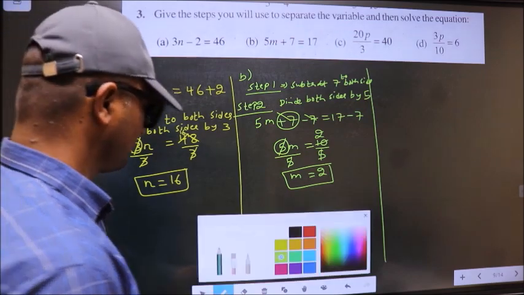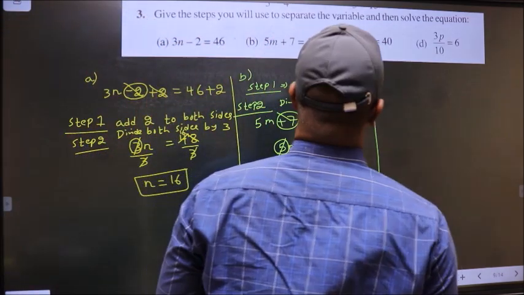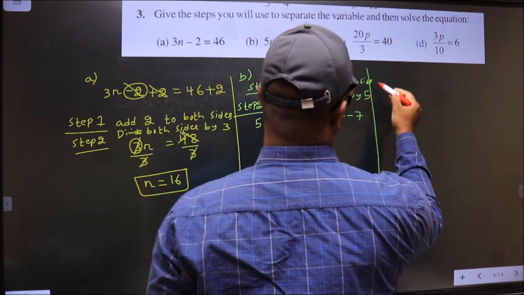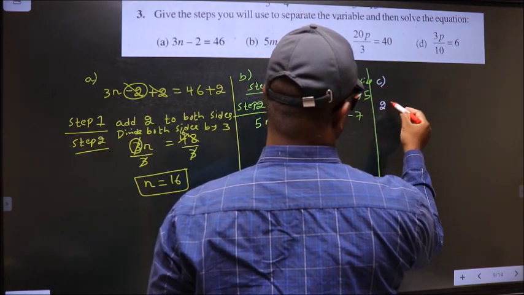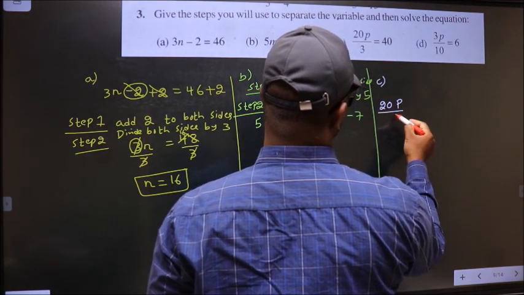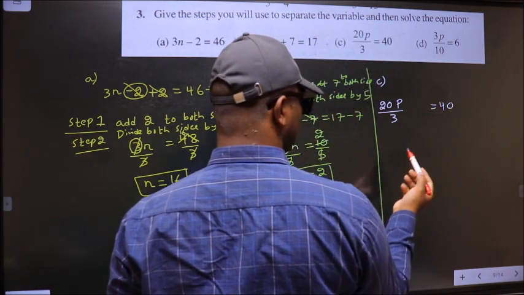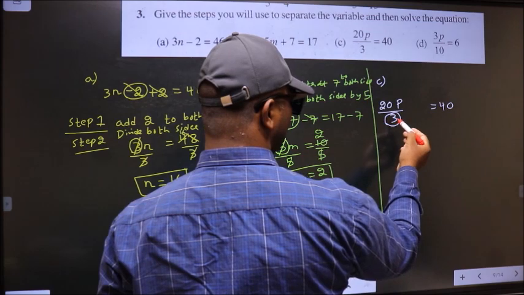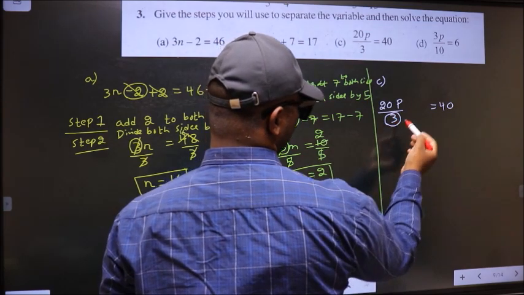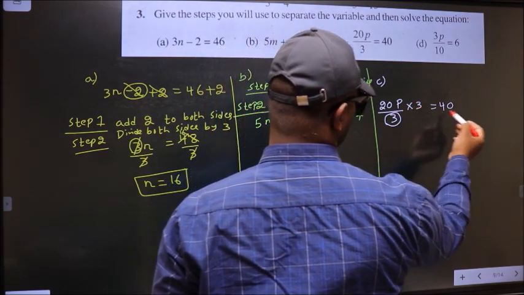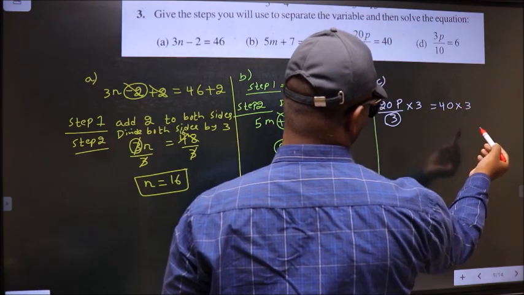Next, C. 20p by 3 equal to 40. Here first we should remove the denominator 3. To remove 3, we should multiply by 3 on both sides.